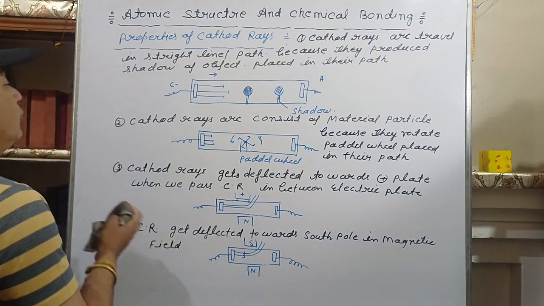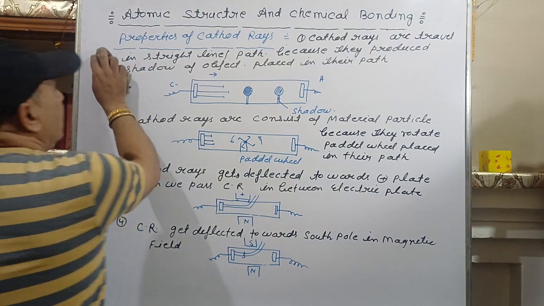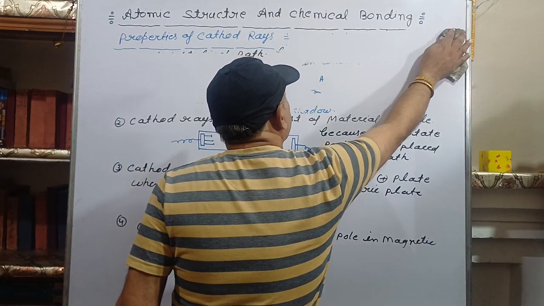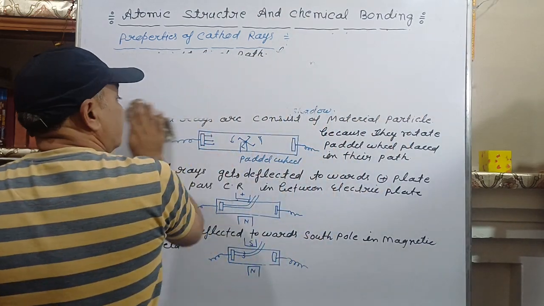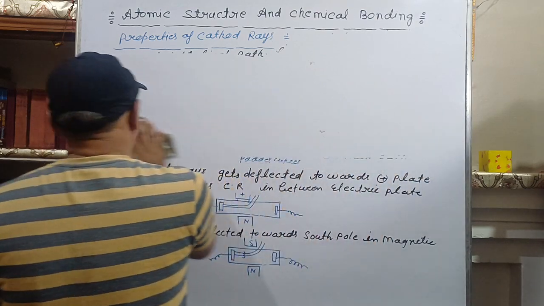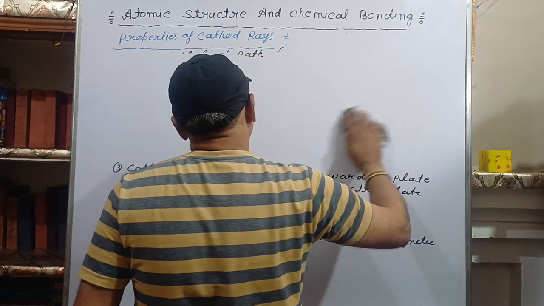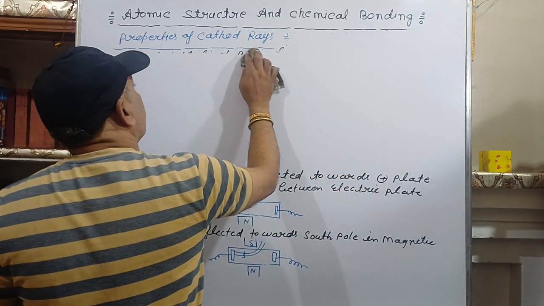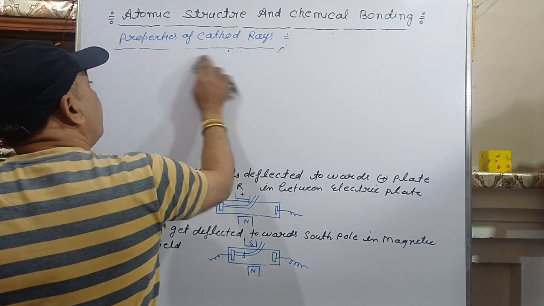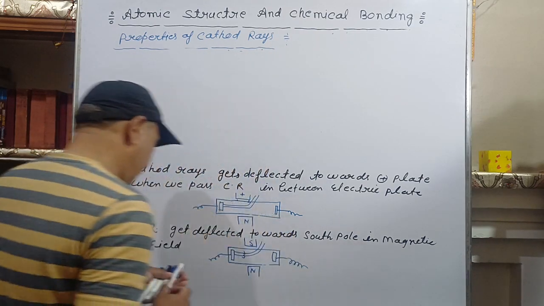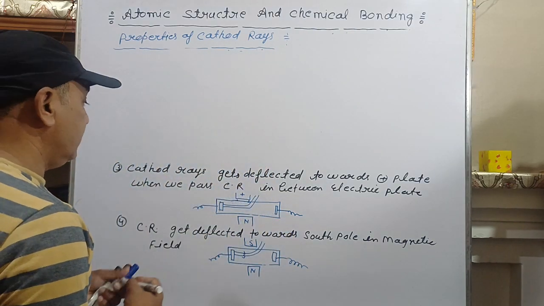Now we are going to discuss the fifth property of cathode rays. These properties are very simple, and a number of them are similar to the properties of light rays.